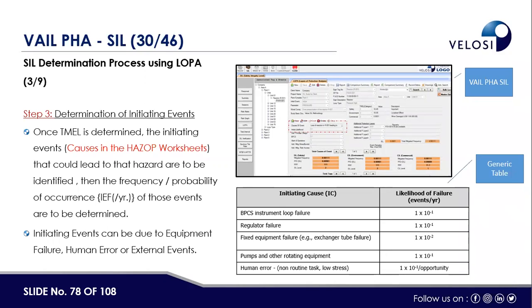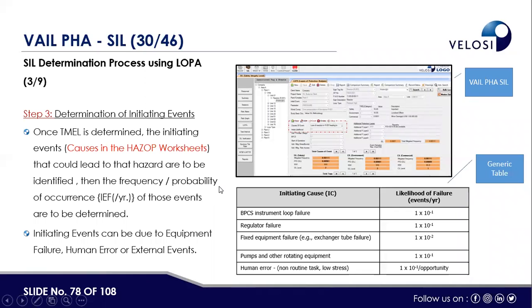So each initiating event will have its likelihood of failure per year. For example, this is a generic table of the initiating event frequencies. BPCS loop failure 0.1, regulator failure 0.1, pump failure 0.1. So these are the initiating event values.